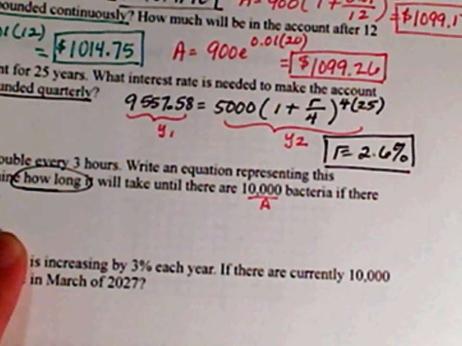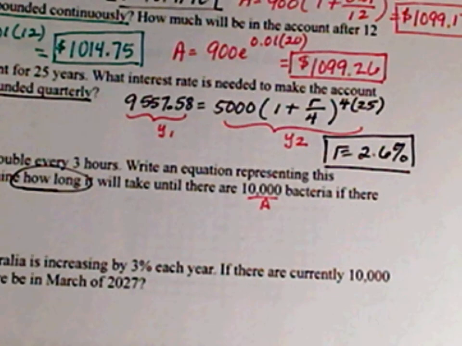Now, let me ask you this. Bacteria, do they go and say, hey, I think I'm going to start decaying right now, and I think I'll do it for just 3 hours, and I'll stop? They don't do that, guys, okay? It doubles every 3 hours, but it is doing it all the time, okay?